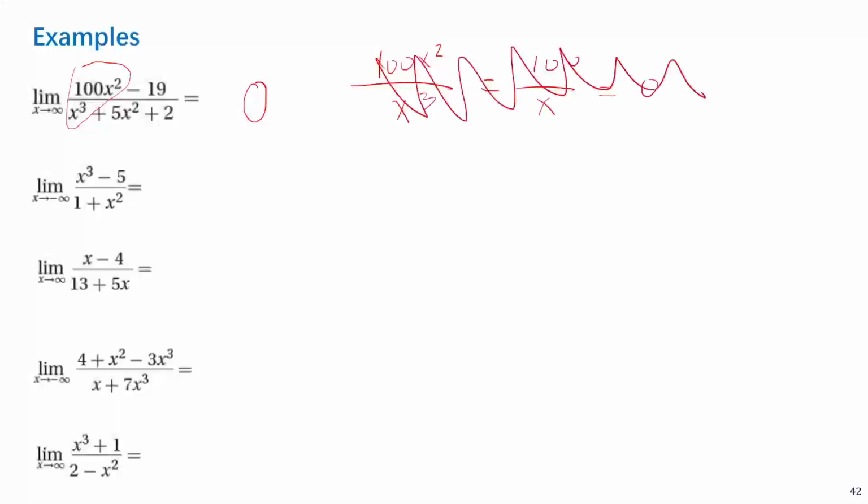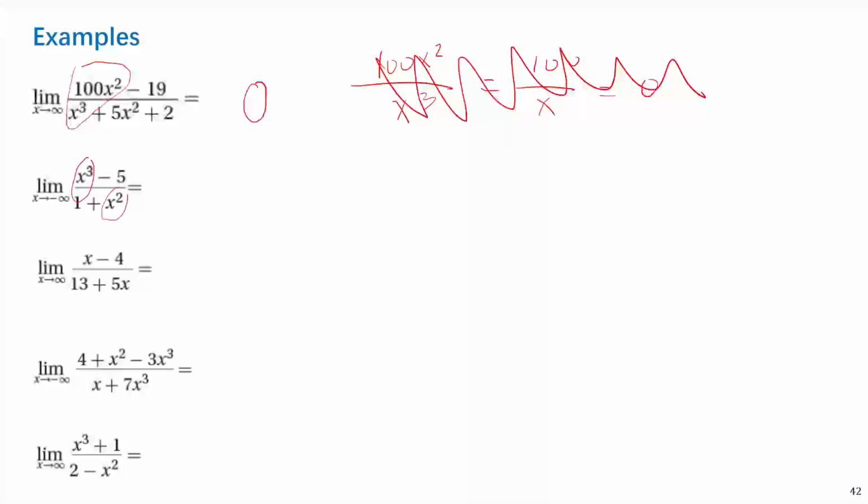Okay, so next one. X cubed over x squared is x. When x approaches positive infinity, this will give you positive infinity, right? Oh, sorry. It says when x approaches negative infinity. So this will give you negative infinity. Because when x approaches negative infinity, this part will approach negative infinity.